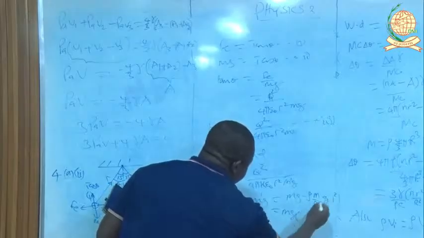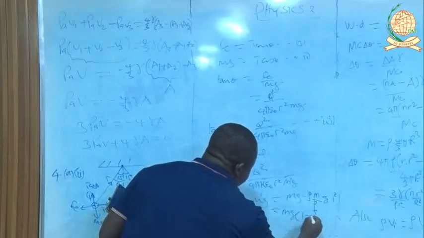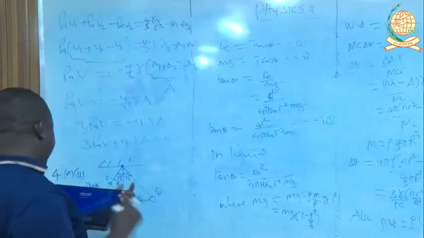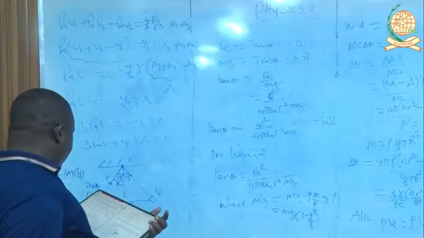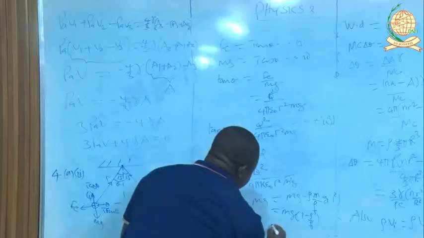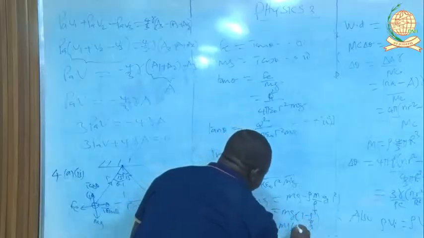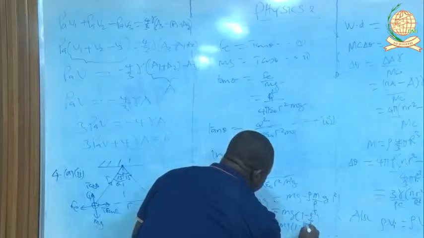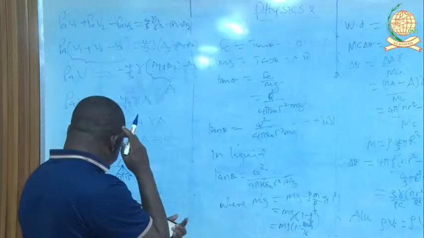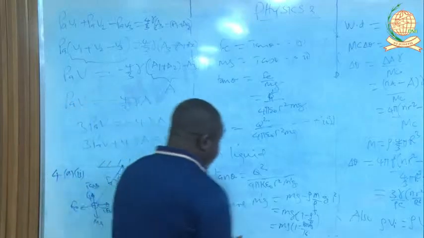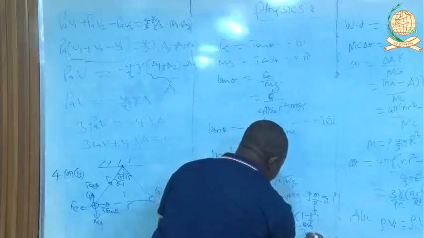So this will be mg times the bracket 1 minus the density of liquid over the density of the sphere. The density of liquid we have been given to be 800. So mg times the bracket 1 minus 800 over 1600, the density of the sphere. So just a half.